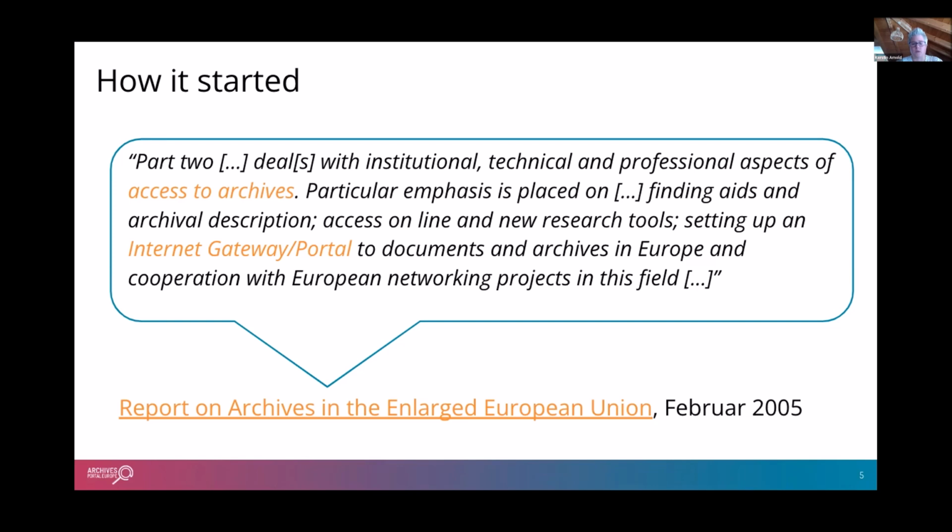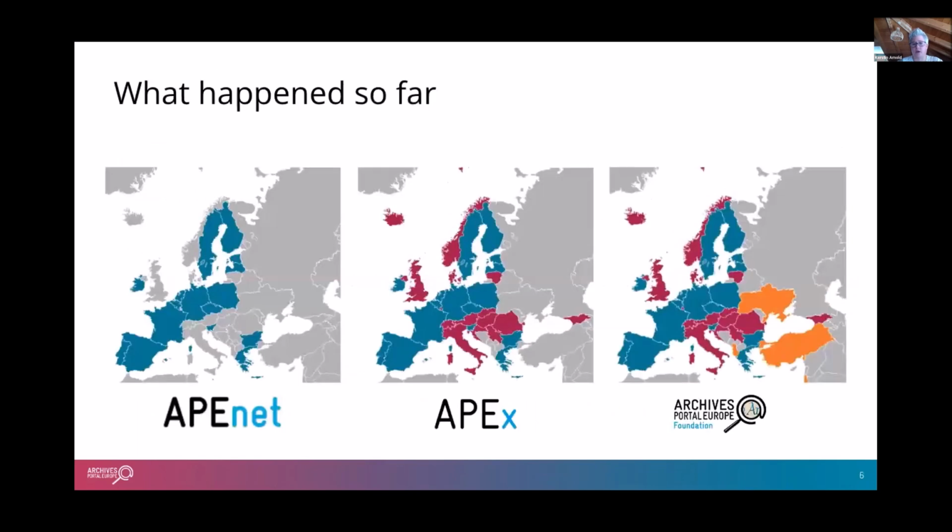And we were lucky enough to get funding from the European Union for two projects, the APNet project, which ran between 2009 and 2012, and the APEX project between 2012 and 2015. And since then, the whole endeavor is run by a foundation which has its head office in the Netherlands, but we essentially work completely virtually.